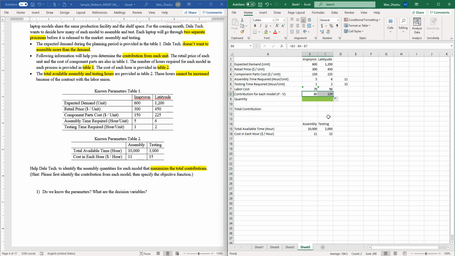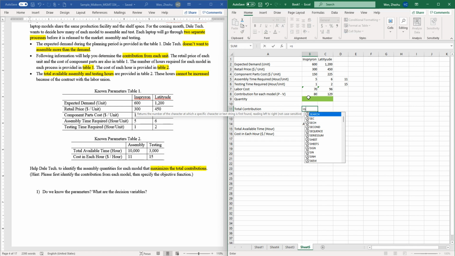your latitude model. Okay, so our total contribution is going to be the contribution for Inspiron multiplied by the quantity of the Inspiron, plus the contribution for latitude multiplied by the quantity of latitude.